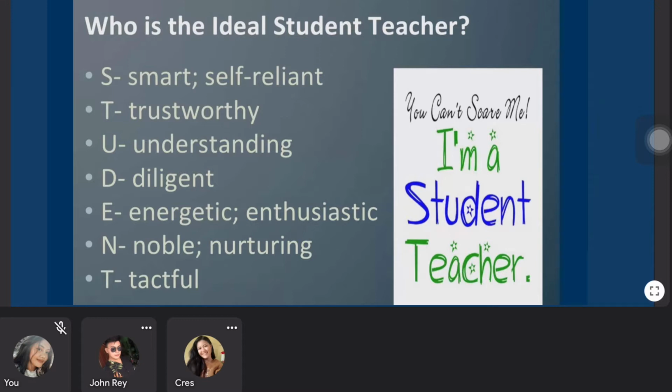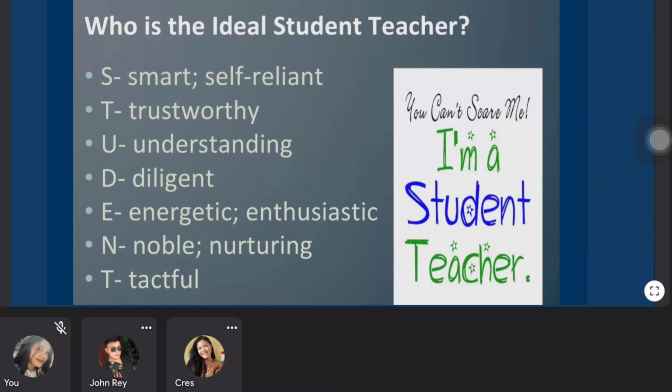You are smart enough to be self-reliant. Now, if you are not going to rely on someone else, you can rely on yourself in doing tasks and any other things that are related to your student teaching journey.